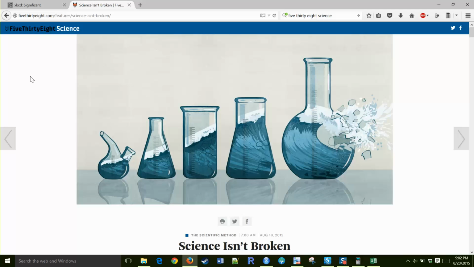Is this Science Magazine? This is 538.com. He has a bunch of different things on politics and sports. The sports section is probably the biggest one. Is 538 a reference to baseball stats? 538 is a reference to the number of votes in the Electoral College, each state getting one for each senator and congressperson.